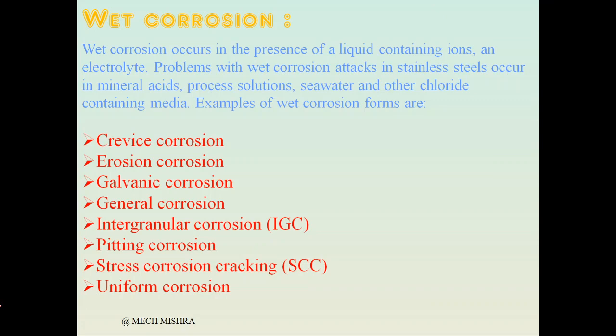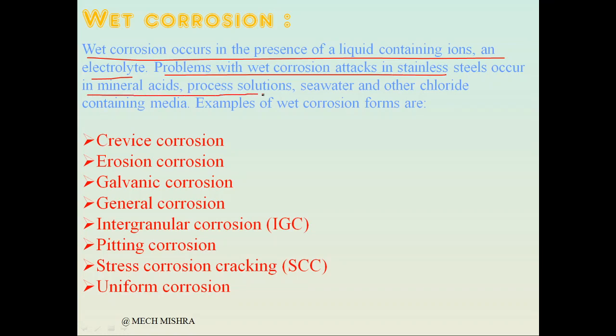Wet corrosion is very popular to us. So what is wet corrosion? Wet corrosion occurs in the presence of liquid containing ions and electrolytes. The problem with wet corrosion attack in stainless steel occurs in mineral acid, process solutions, seawater and other chloride containing media.